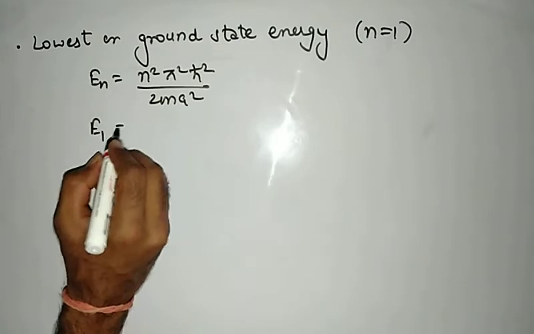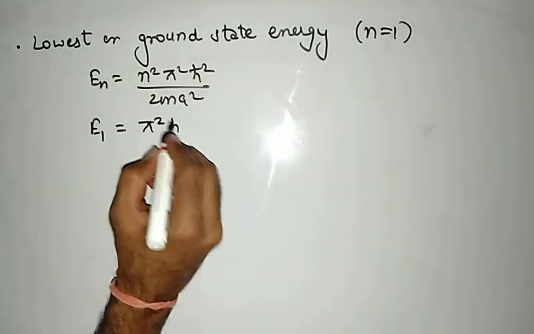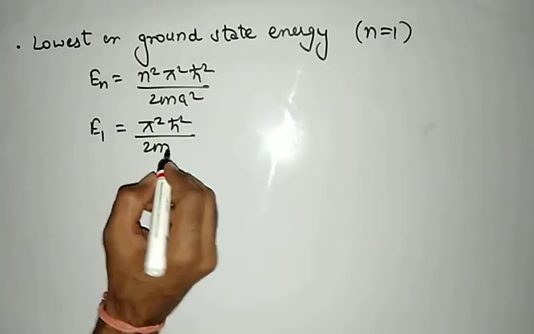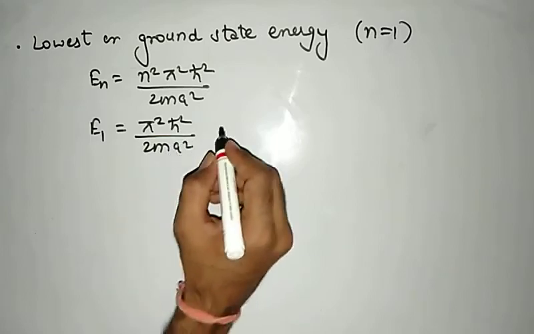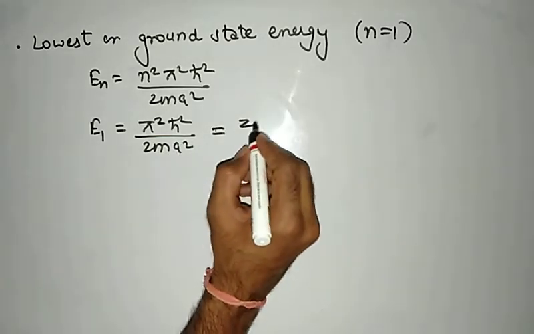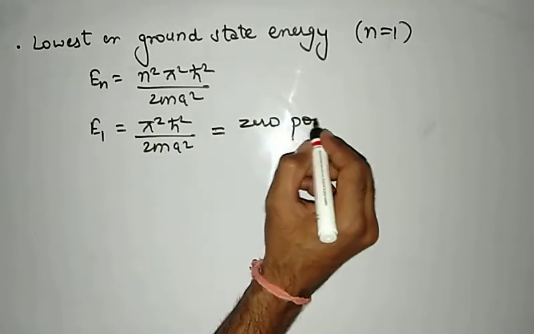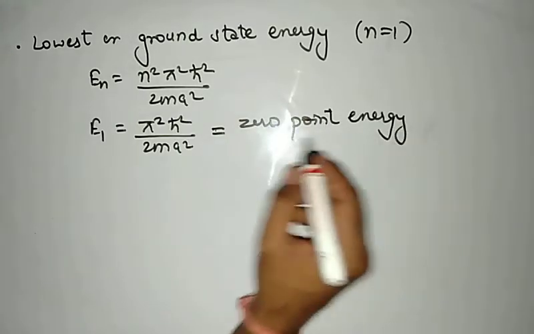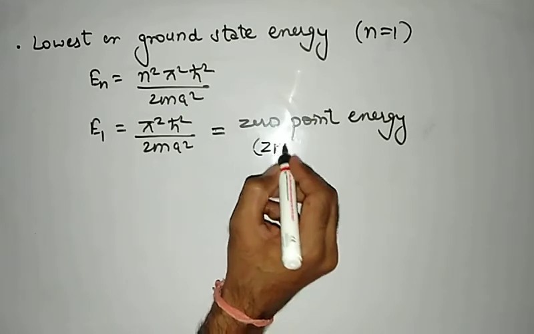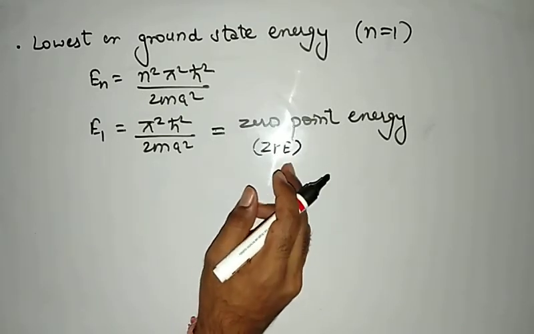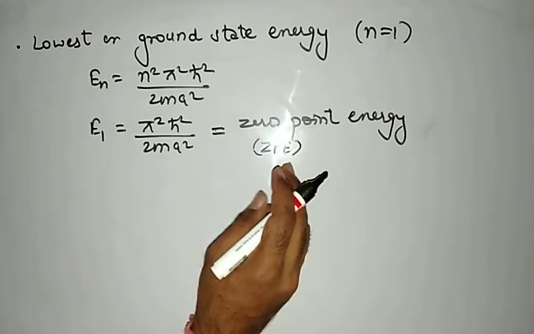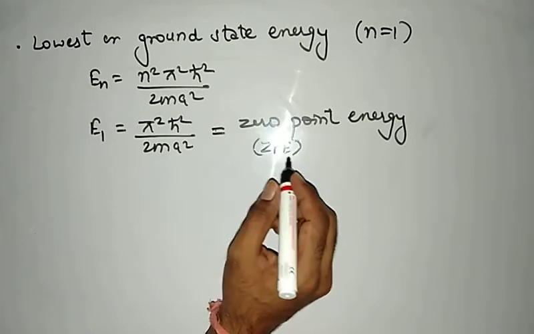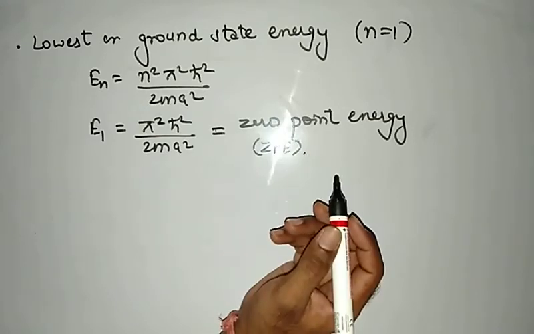So, E1 is equal to pi square h cut square upon 2m a square. This is what is called zero point energy, which we will write as ZPE. It means that there exists no state with 0 energy.